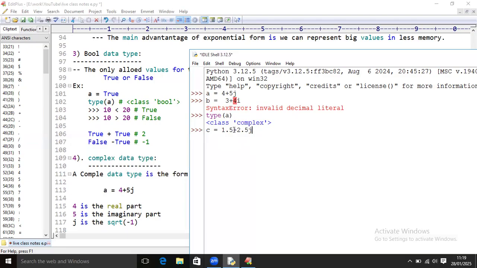Here 1.5 is a float and 2.5 is also a float, but if we add j, then it comes under the complex data type. So here we are combining both the float data type and the complex data type. Let's try whether it will accept. It accepts. It doesn't show any error, which means it is accepting this kind of data.